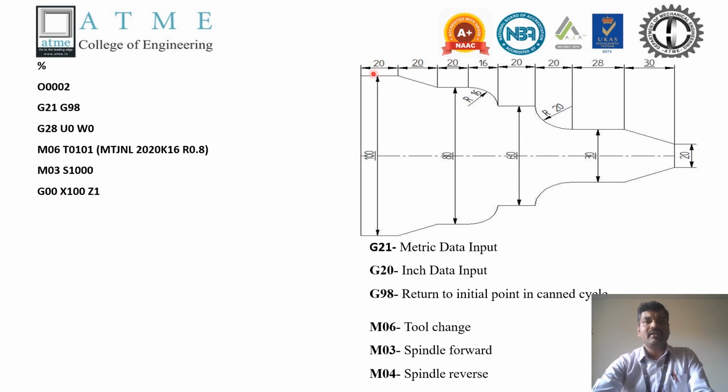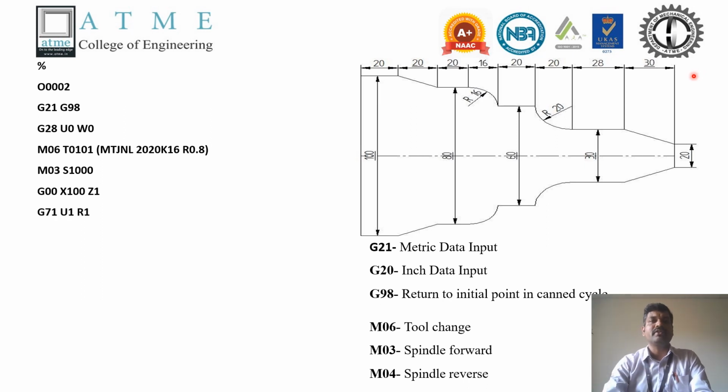This is the maximum diameter of the workpiece. X100 means somewhere here, the tool will come in the positive X direction, and Z1 means it does not touch the workpiece, just 1 mm away from it. With respect to X it is 100, and with respect to Z it is Z1, not 0, so it does not touch the workpiece.